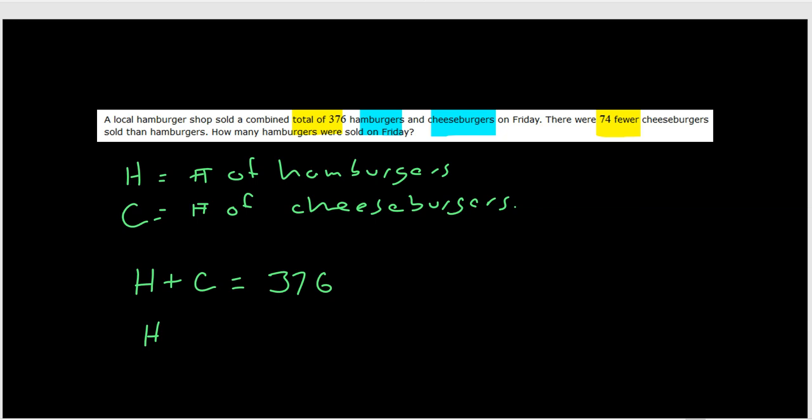So the number of hamburgers minus the 74 should equal the number of cheeseburgers, because there's 74 less, right? That gives us two equations that we can work with, and we can use our system of equations to solve this.